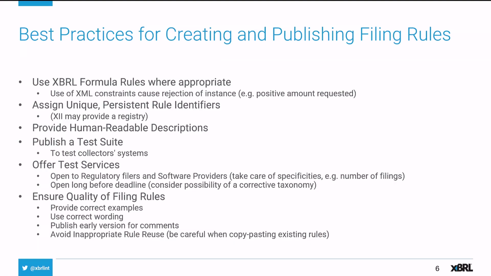In my opinion, XBRL International may or should provide a registry of filing rules. Maybe it's not very high priority in the list of things to be done, but it may be helpful. Of course, it should provide a human-readable description.